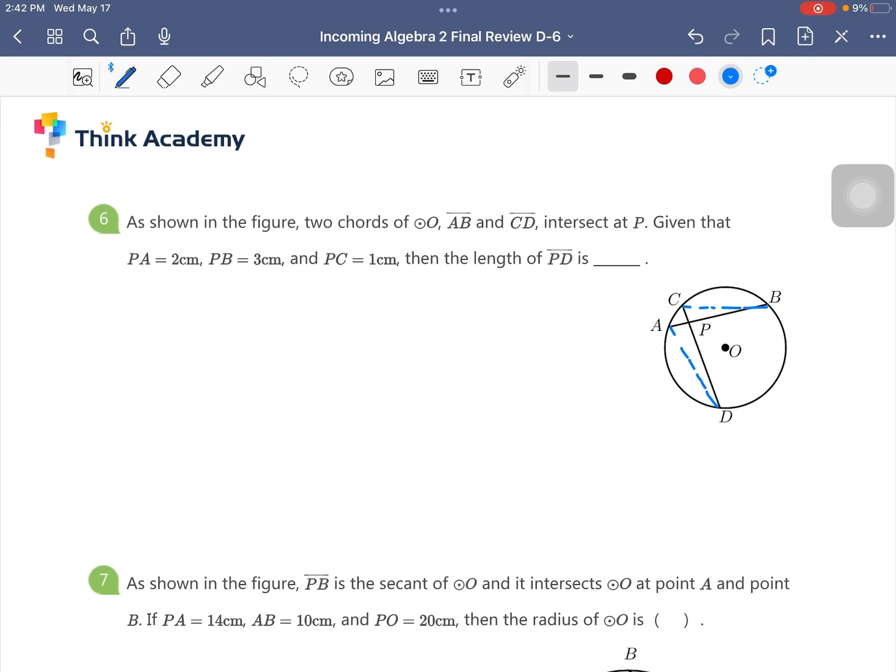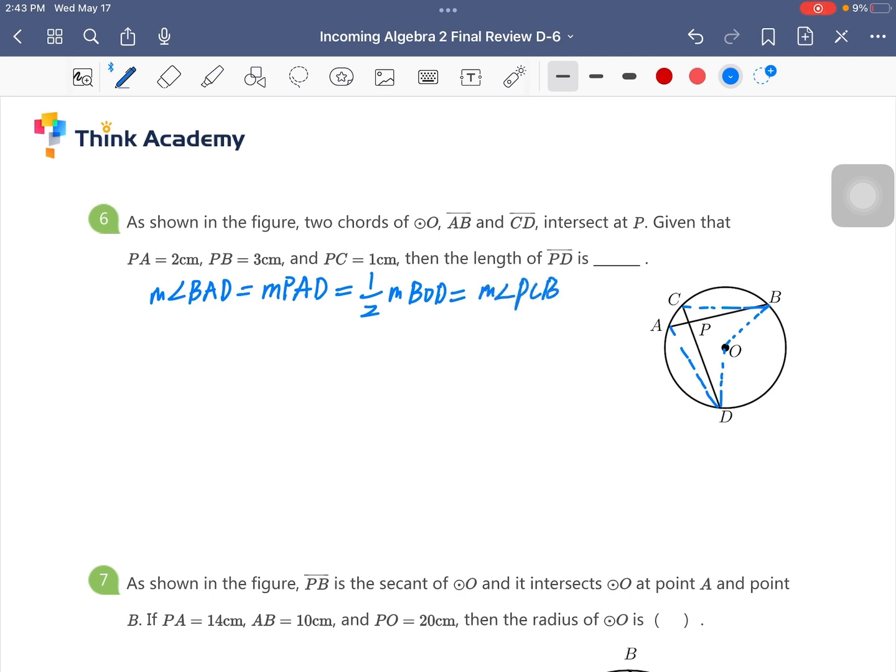Currently we have the same arc BD, so angle BAD, which is also angle PAD, equals 1/2 of angle BOD, and it also equals angle PCB.